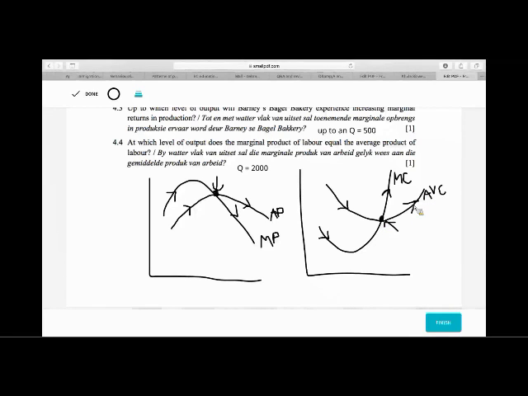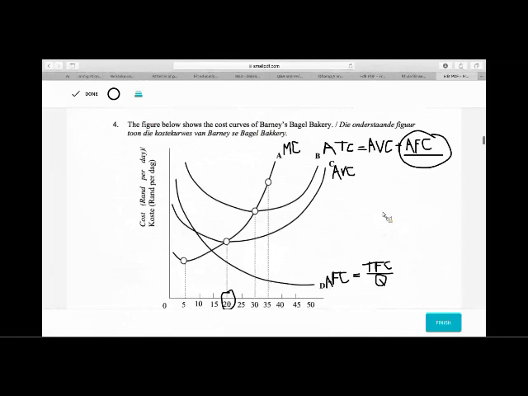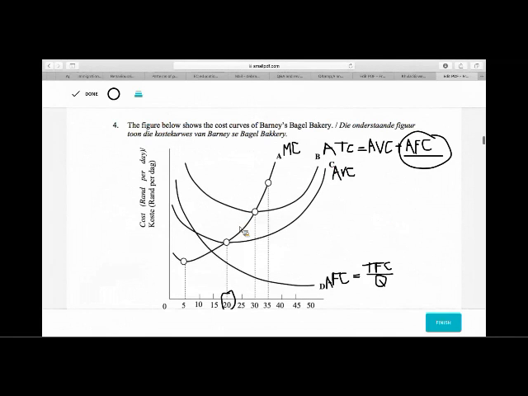And that is why the marginal cost cuts average variable cost at its minimum point. The same relationship holds for average total cost. If marginal cost, so curve A, is below curve B, then the average total cost will be pulled down. If the marginal cost is above average total cost, then it pulls the average total cost up.